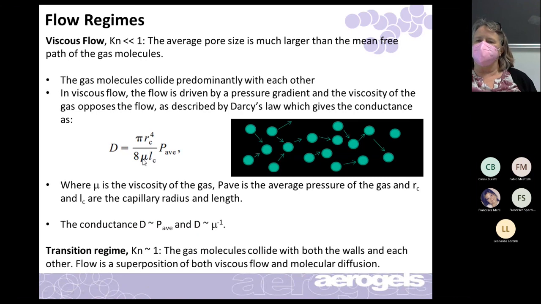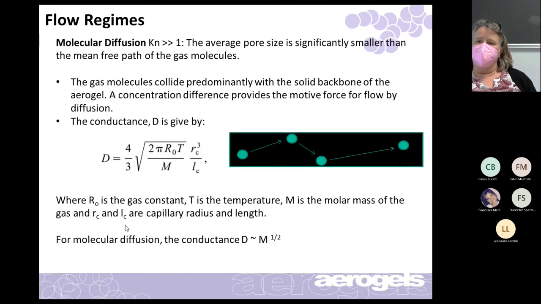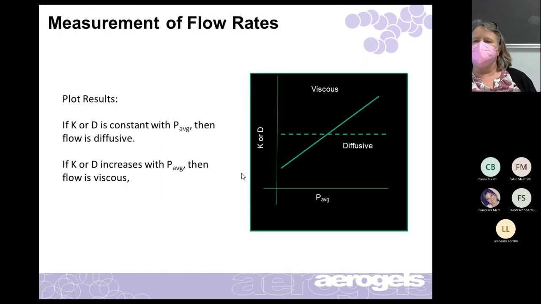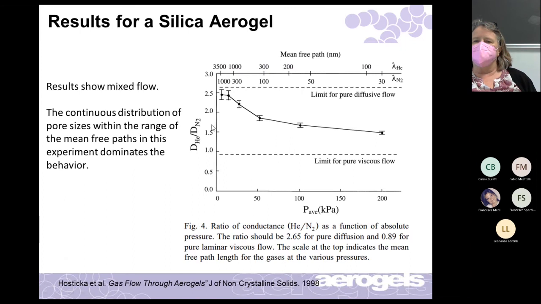Or if it's purely this molecular diffusion flow, it's going to be related to the square root of the molecular mass of the two gases. So they sort of cleverly plotted this ratio, and here's what it would be for pure diffusive, the molecular flow. It would be that, and here's what it would be for purely viscous flow.